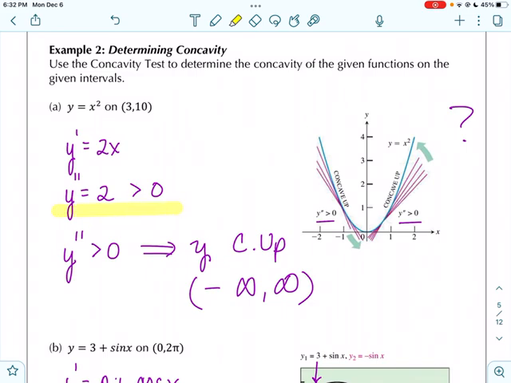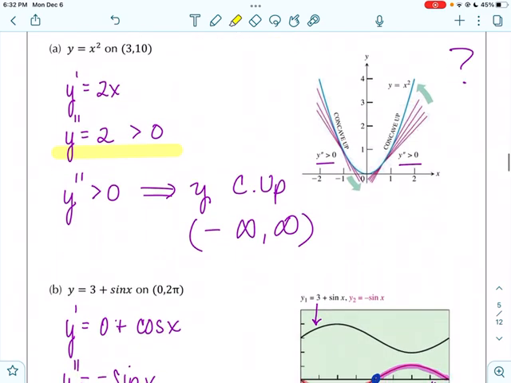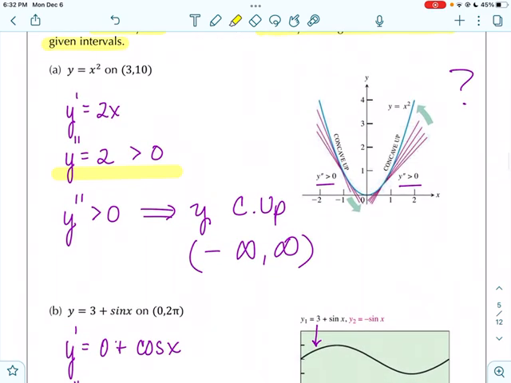Now keep in mind, the question here that we addressed is that we're using the concavity test to determine the concavity of the given functions on the given intervals. So with this particular question, we found out that y double prime is equal to 2, which is greater than 0. So then we can conclude that y is concave up everywhere, and that's on the interval from negative infinity to positive infinity.